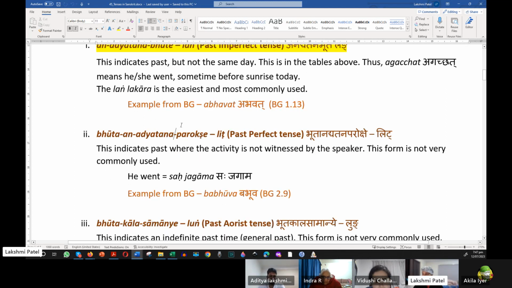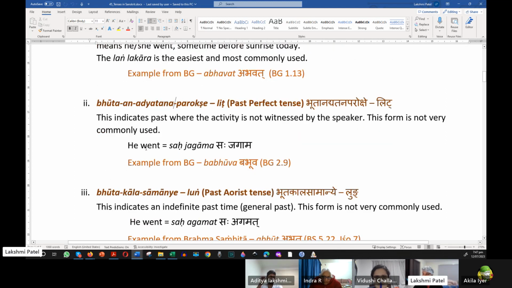Now this is in the form of, for instance, Saha jagama. Aham babhuva. I've put in some examples from the Bhagavad Gita as well. Babhuva. Bhavati. Babhuva. It happened in the past.